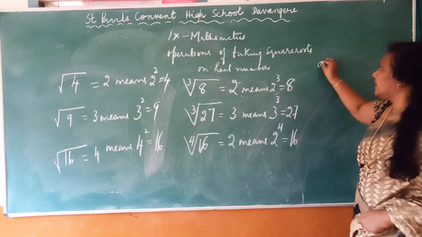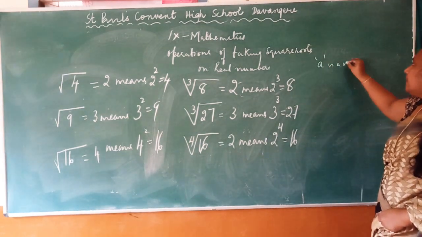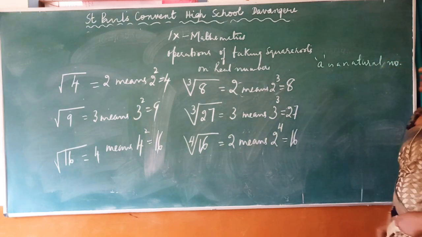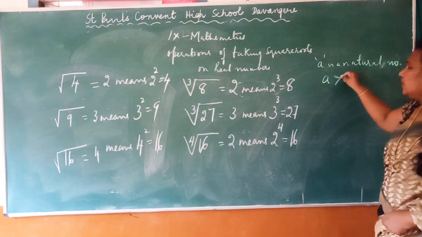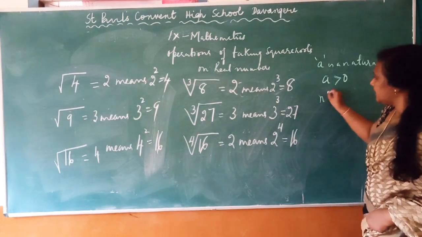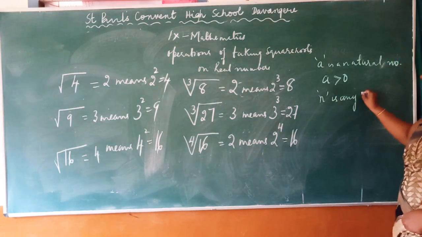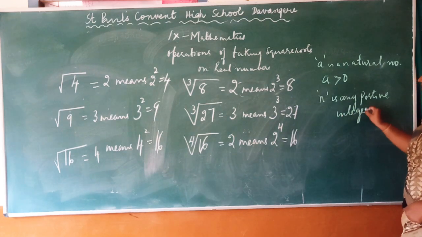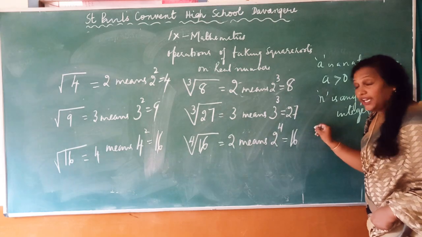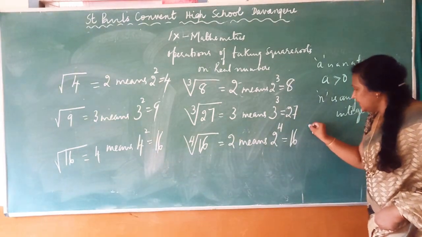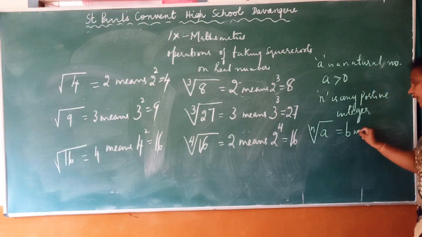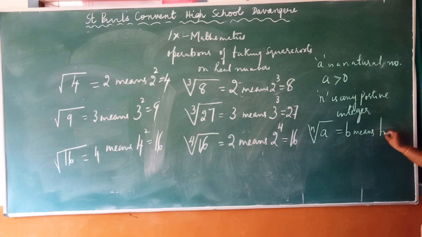If A is a natural number, A greater than 0, and n is any positive integer, then I can write directly like this: nth root of A is equal to B means B to the power of n is equal to A.